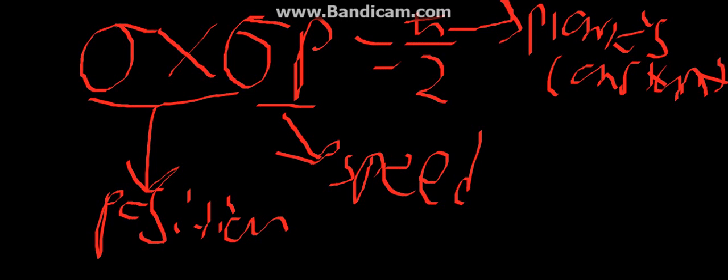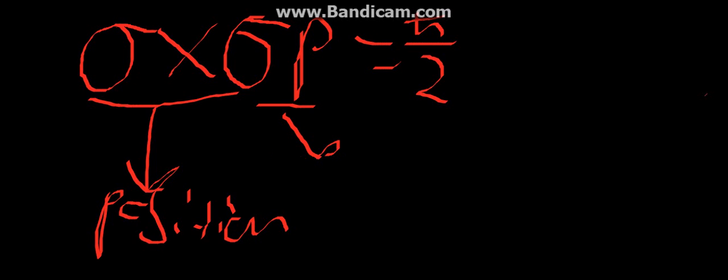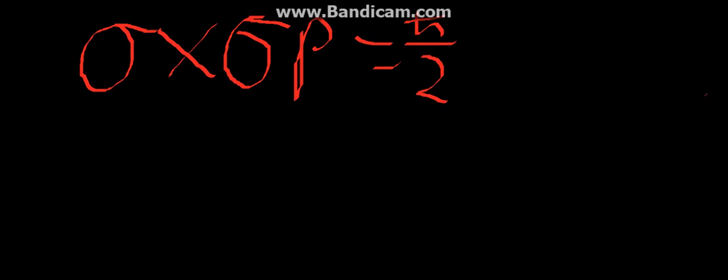Now, to find the position and the speed, we would want to divide Planck's constant by 2. But it doesn't stop there. It's not that simple. We want to do some conversions. I'm not actually going to go into any specifics of conversions or do any examples, but if we want to find the position, then we want to do Planck's constant over 2, which is in joules per second.